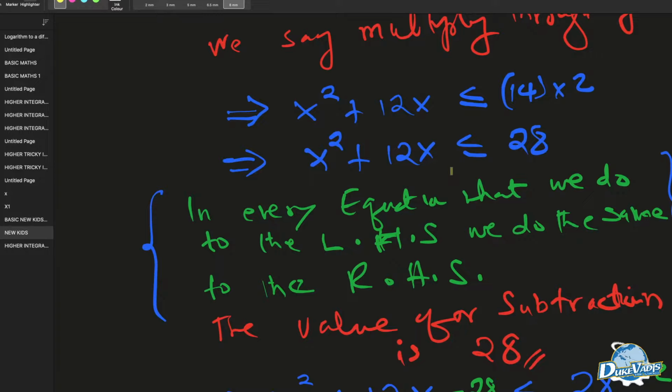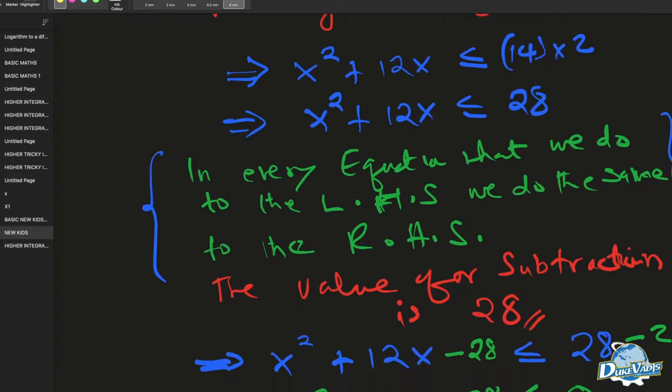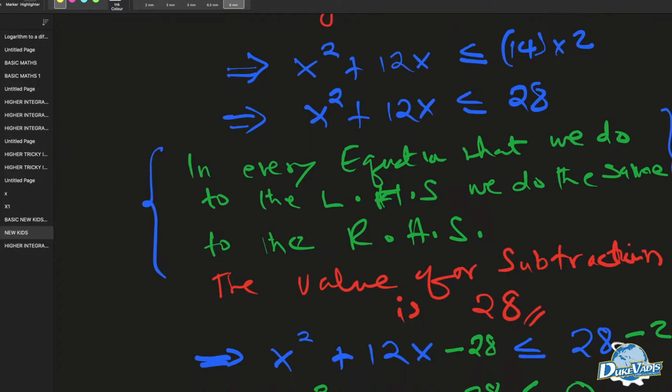Now the point has come for us to solve the question. We have reduced it to a certain simplicity that can help us go ahead. We applied what we learned in elementary school: in every equation we solve, what we do to the left-hand side, we do the same on the right.